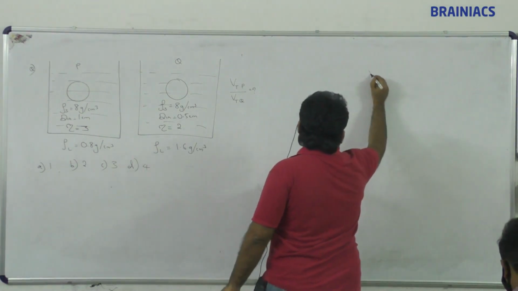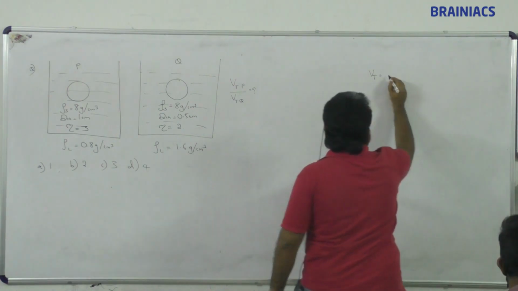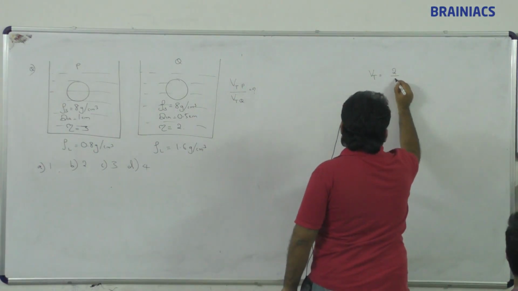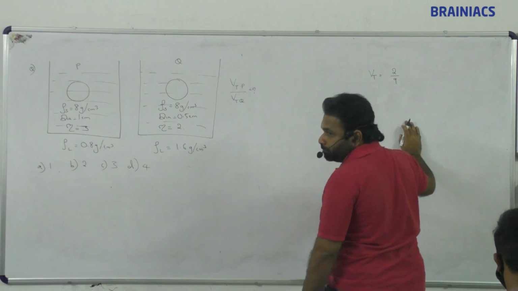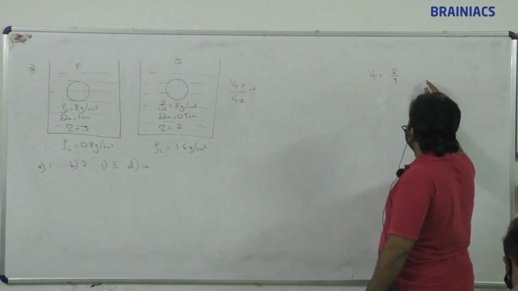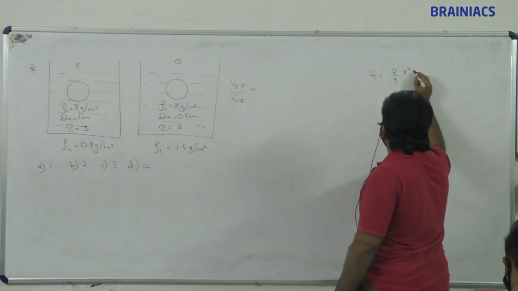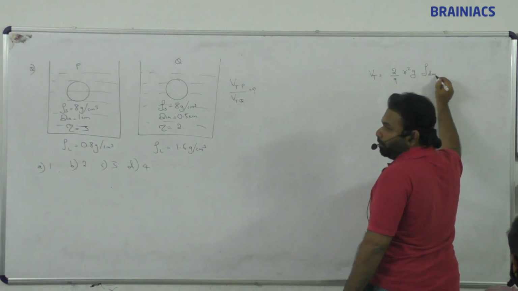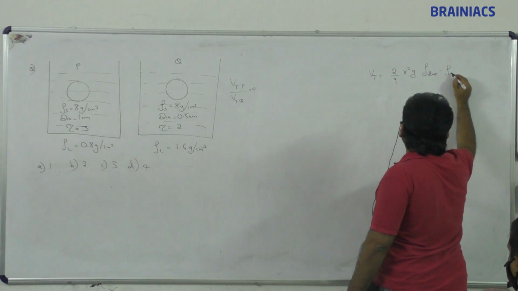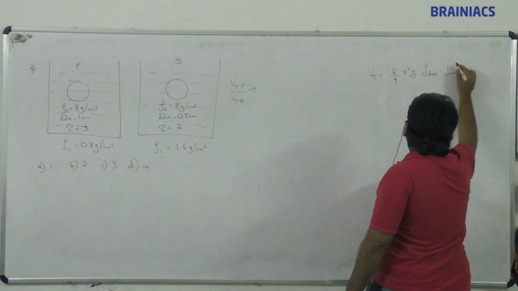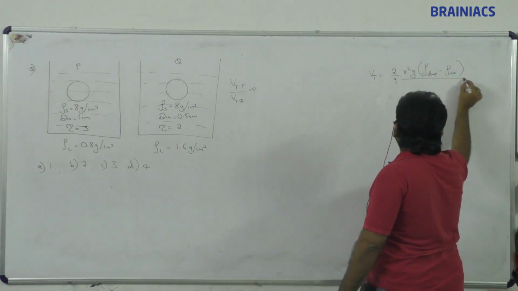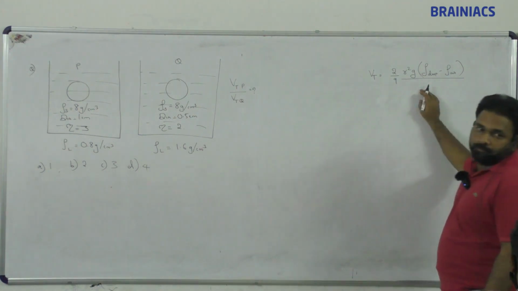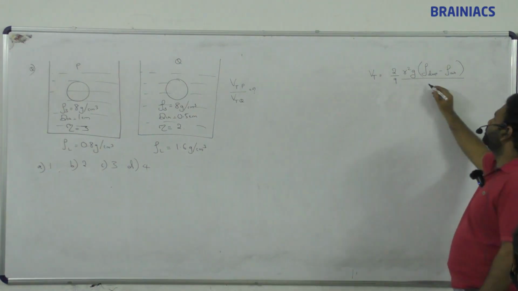So what is the formula for terminal velocity? 2 by 9 r square g, density of drop minus density of air or fluid, divided by eta.